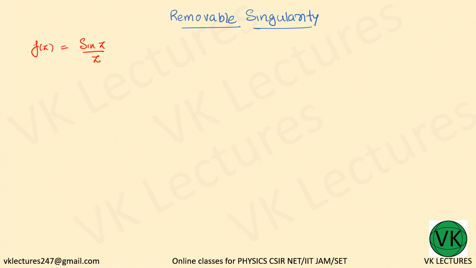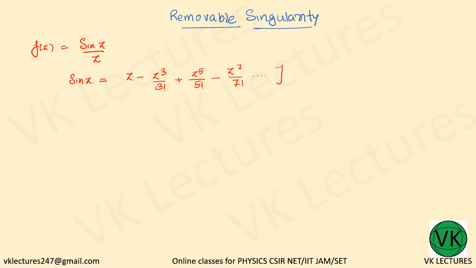But sine z can be written as z minus z cube by 3 factorial plus z to the power 5 by 5 factorial minus z to the power 7 by 7 factorial, and it goes on.